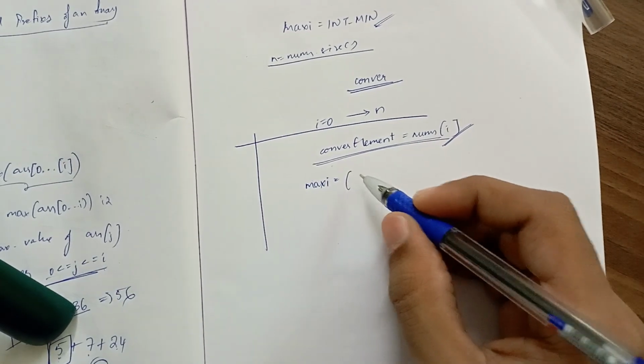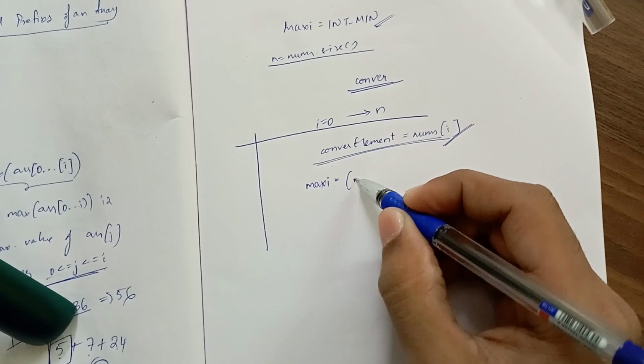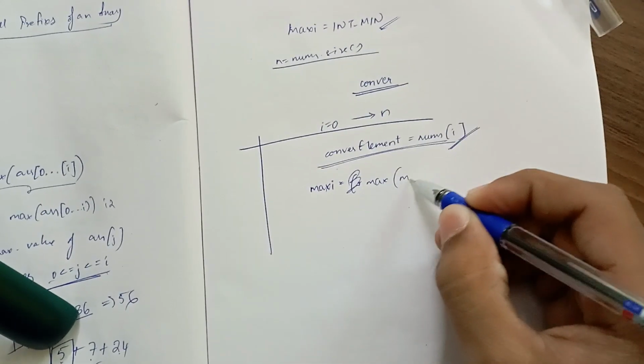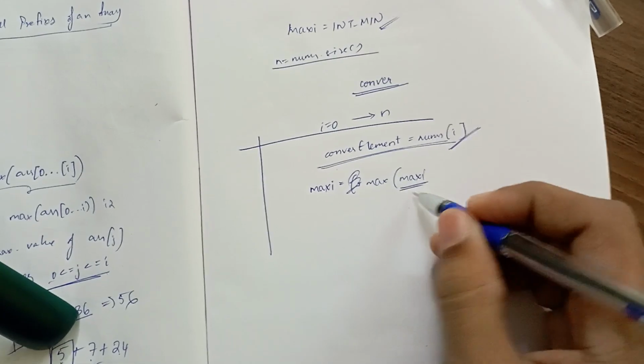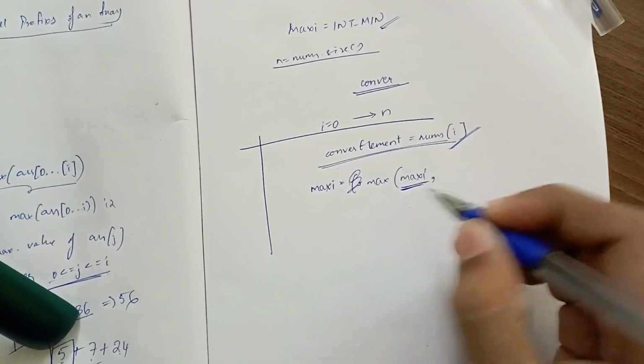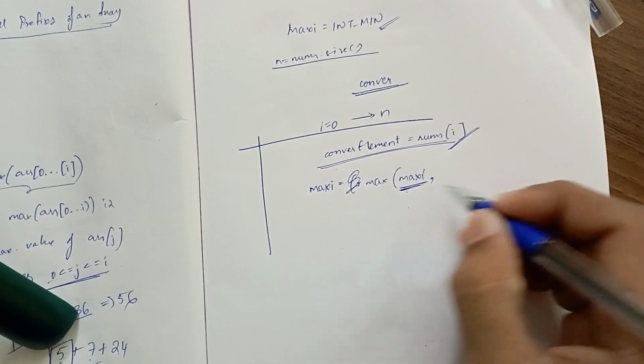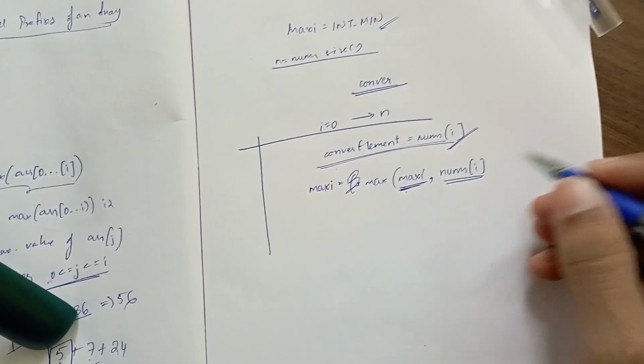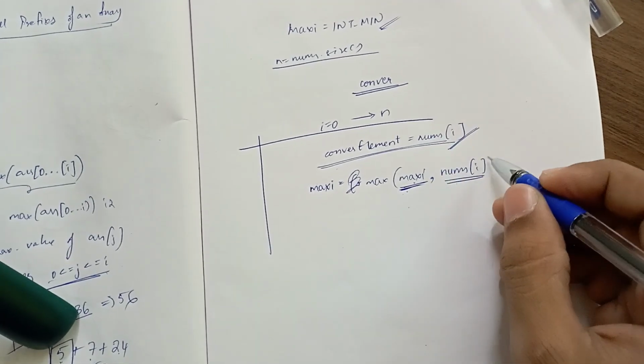Maximum element up to now will be the maximum of the maximum element up to now, and then check whether nums of I is greater than the maxi.